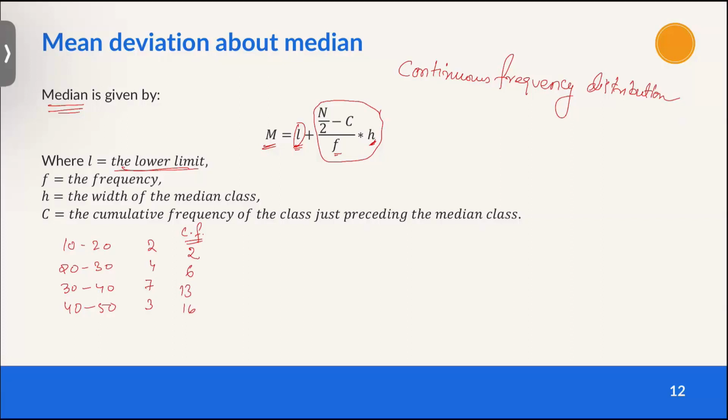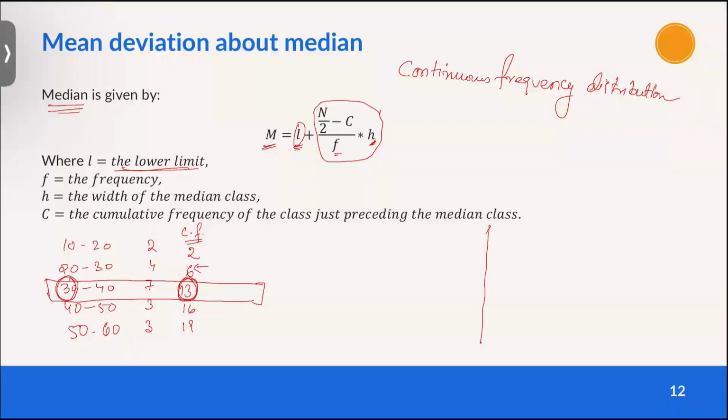And suppose you have one more class, 50 to 60, with frequency 3, giving 19. Now you take the middle value. So 19 gives 10 as the middle value. You see 10 will fall here, because 6 is here, and 10 falls somewhere here. So you take the lower value, which is 30.